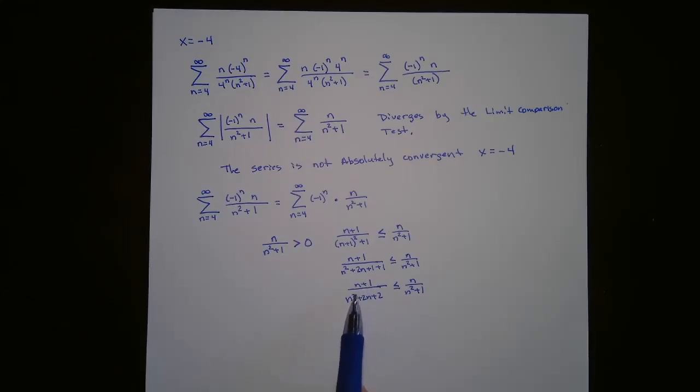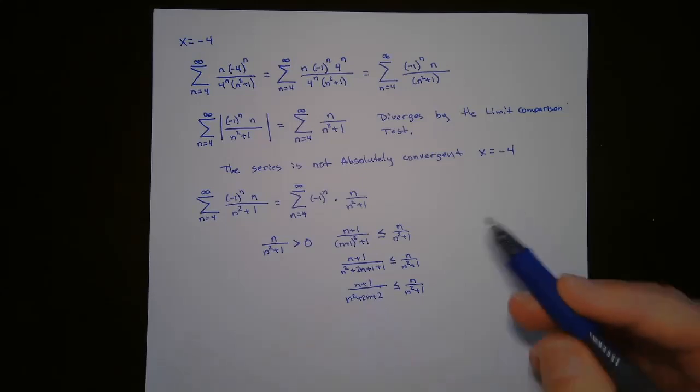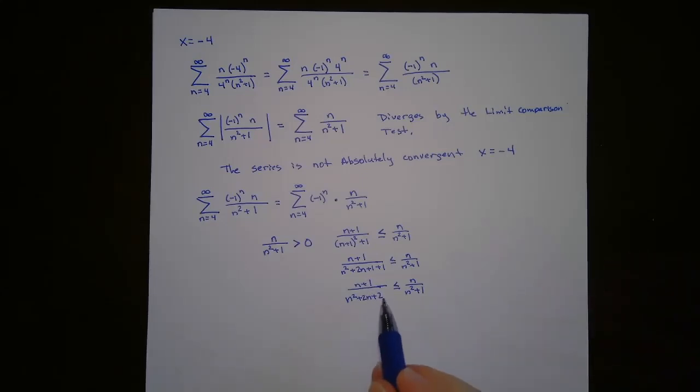Adding 1 to the numerator doesn't have the same significance as adding 2n plus 1 in the denominator. The denominator is going to grow faster, so it's always going to be bigger and bigger.